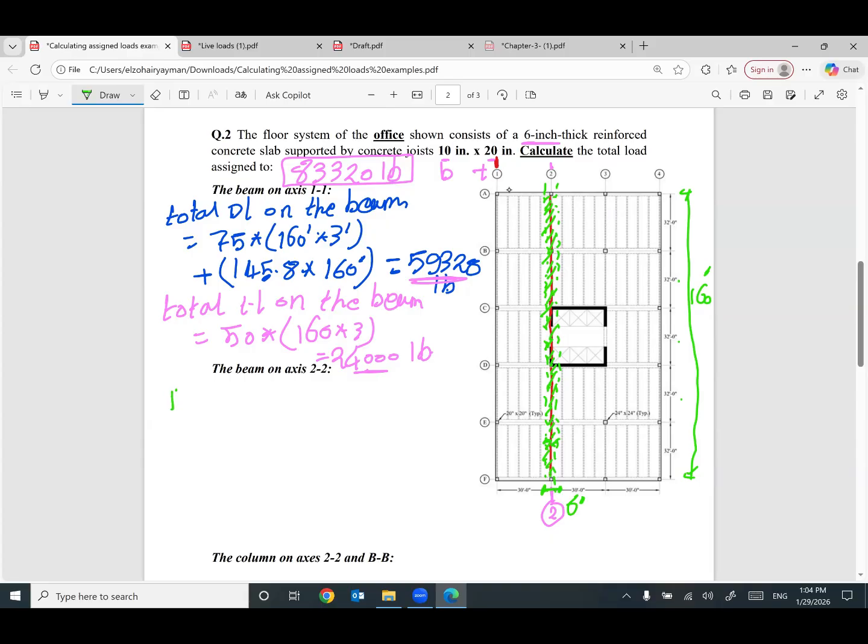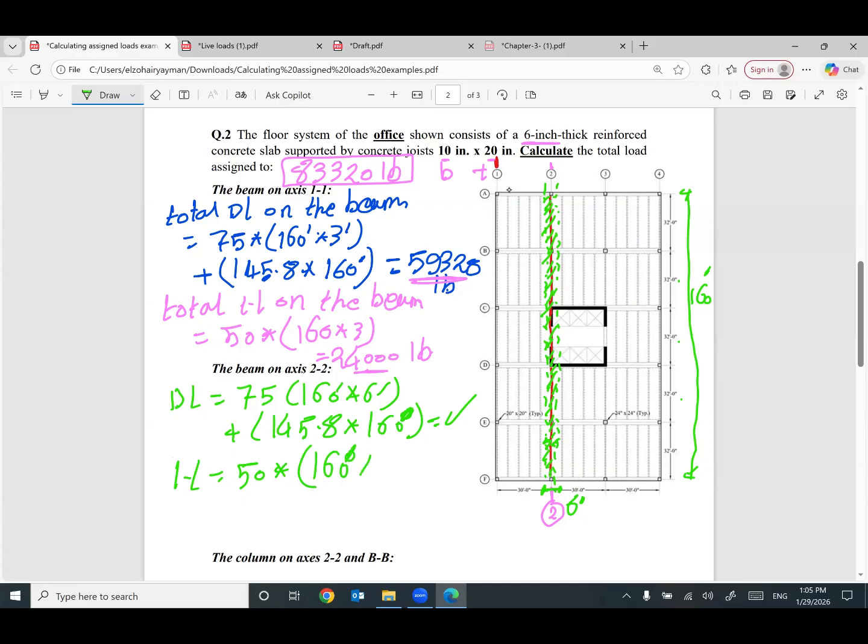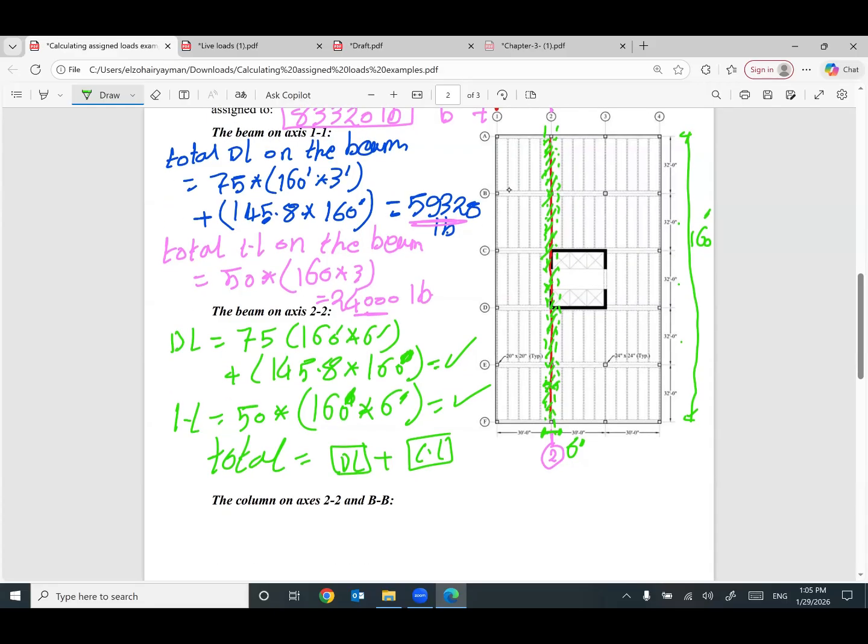So the total dead load on this beam will be 75 times 160 times 6 feet plus 145.8 times 160, the total length. And the total live load will be 50 times the total area assigned to this beam, which is 160 feet by 6 feet. You can get the total. So what is the total load assigned to this beam? Add dead load plus the value of live load. Does that make sense?